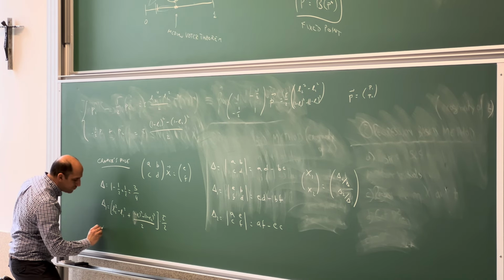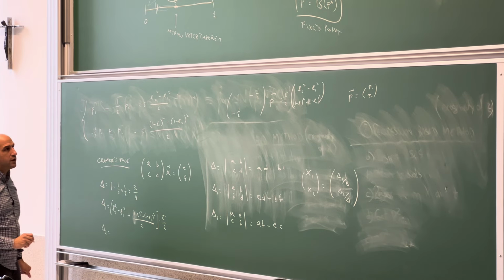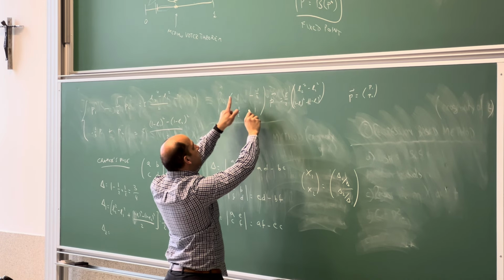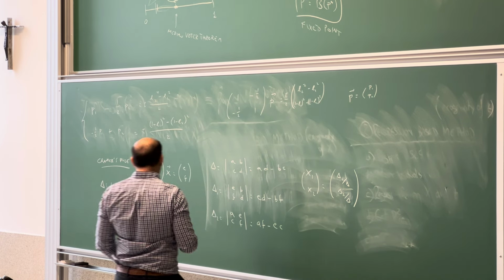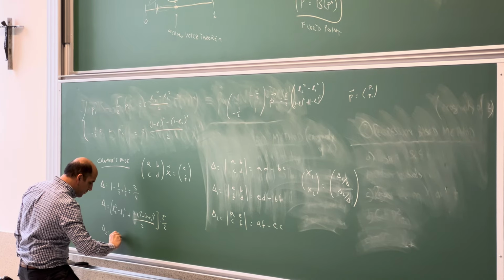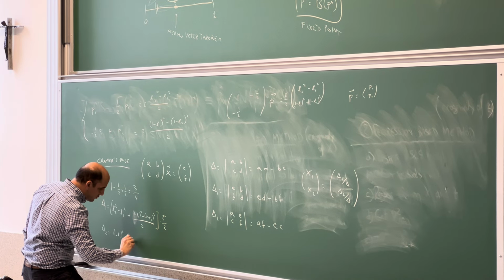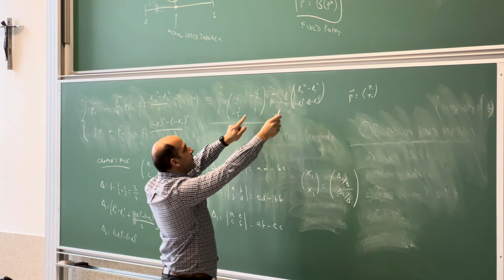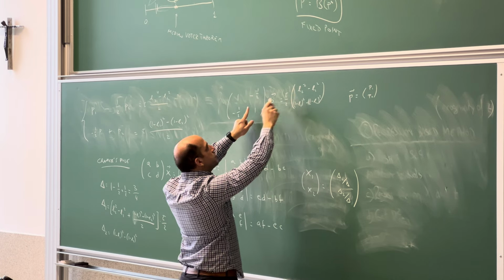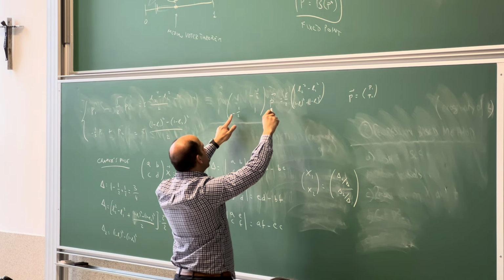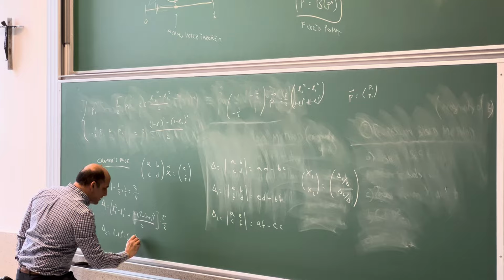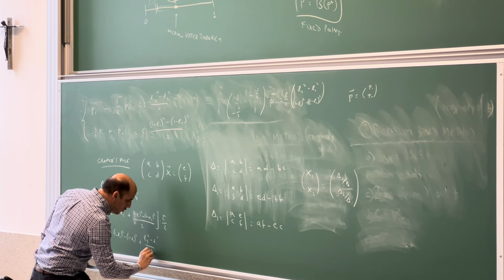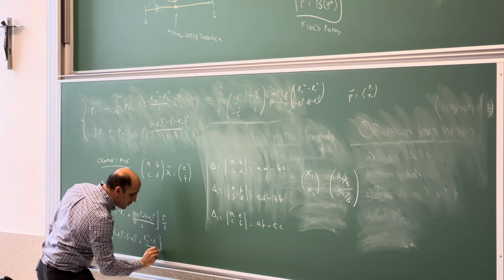Then delta 2 is going to be equal to, now this we substitute here, so it's going to be 1 times (1 minus L1 square minus 1 minus L2 square), and we substitute here, and we have a minus L2 times minus 1/2, so it's going to be plus (L2 square minus L1 square) over 2, and all this times tau over 2.